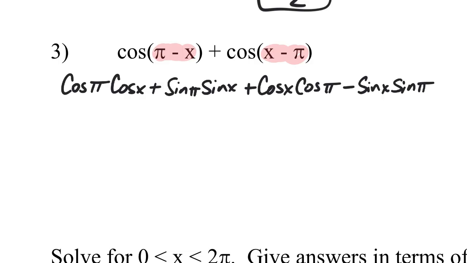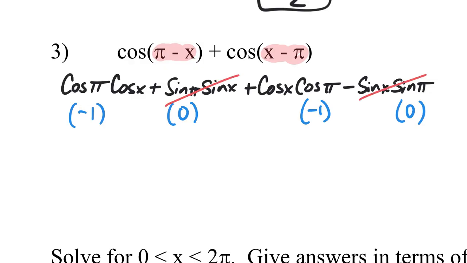Well, I know that the cosine of pi is negative 1. I know that the sine of pi is 0. So what's going to happen when we plug in 0 is that these two terms will disappear.